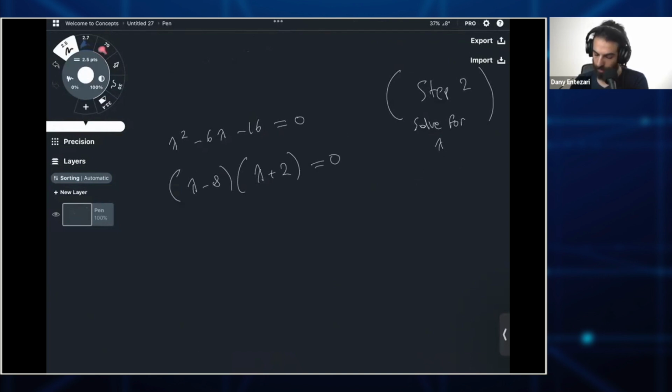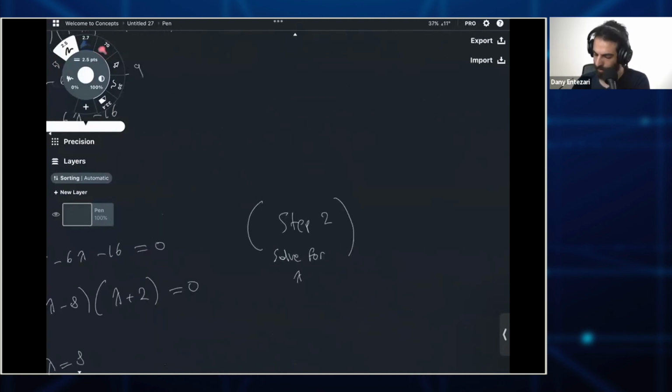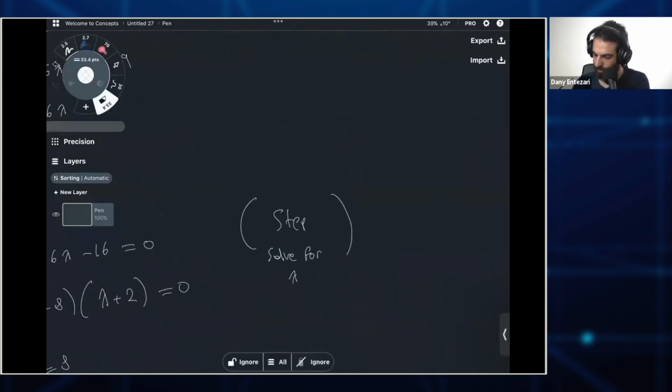And then we will have two equations, lambda minus 8, lambda plus 2. If we move them to the other side of the equation, this will become lambda equals 8, lambda equals -2. So these are our two eigenvalues. So let's make this step 3.